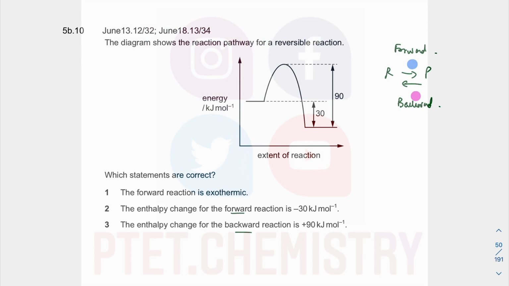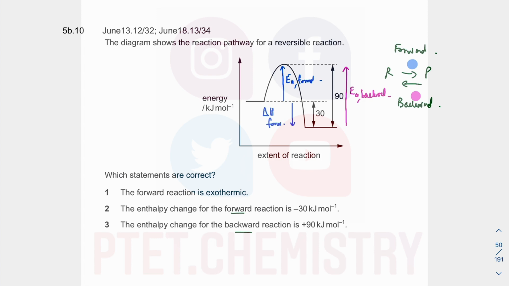So if I draw it, I should probably use a different color. If I draw it, this is activation energy of the forward reaction. This is your enthalpy change for the forward reaction. If I use a pink color one for the backward, this is your activation energy of your backward reaction.